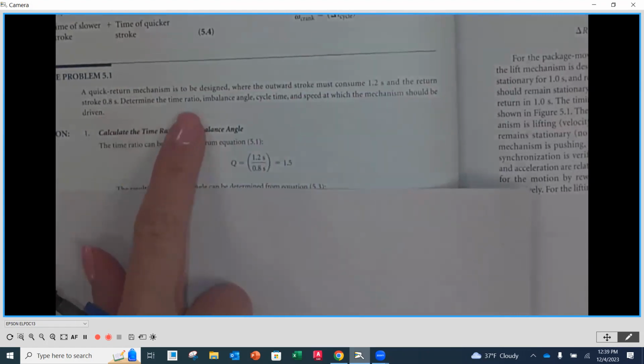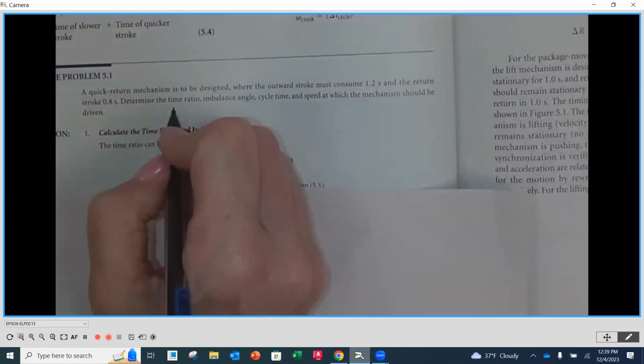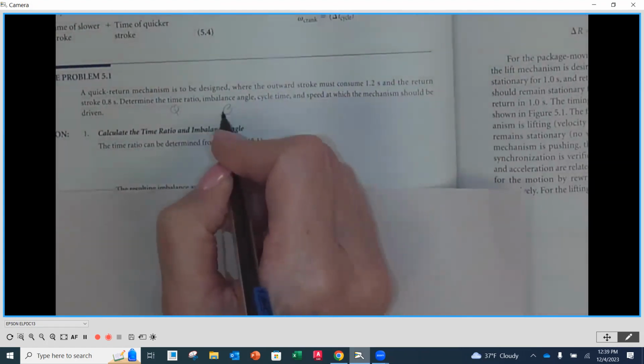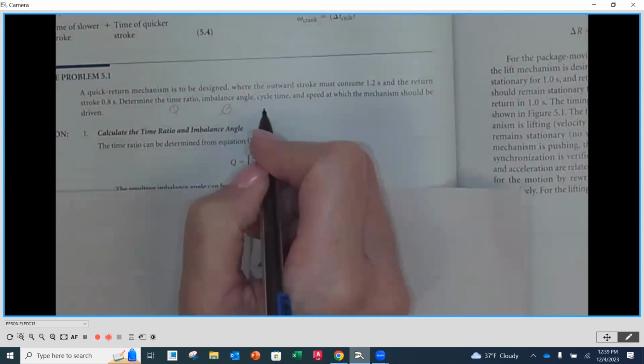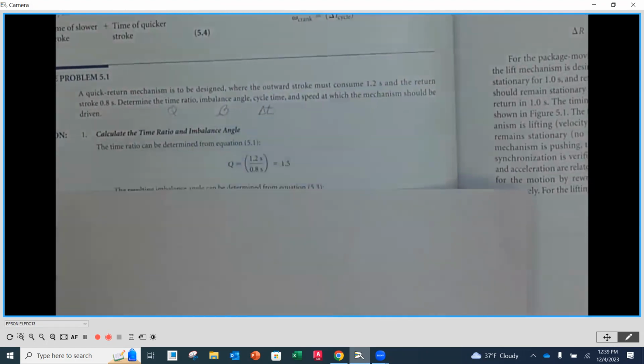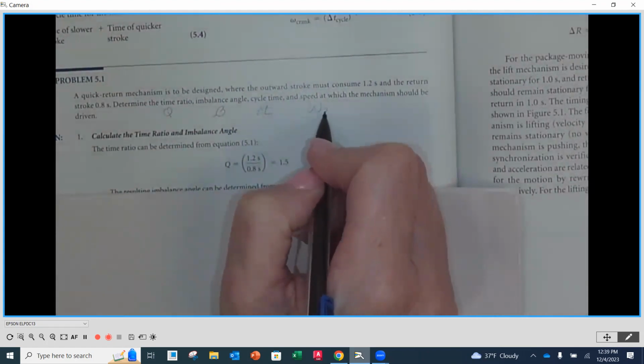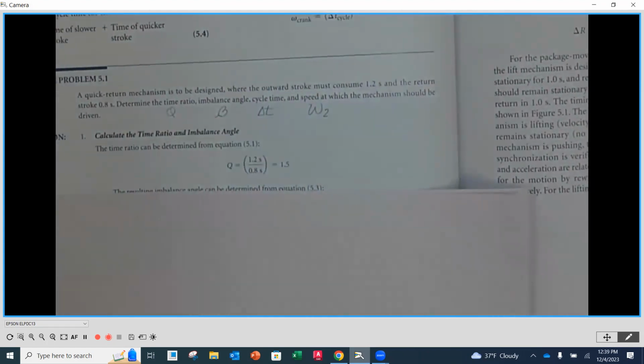We want to determine the time ratio. That's going to be our Q, okay? The imbalance angle, beta, our cycle time, which is change in T, and the speed, we'll call it W2, of the mechanism that's going to be driving, okay?